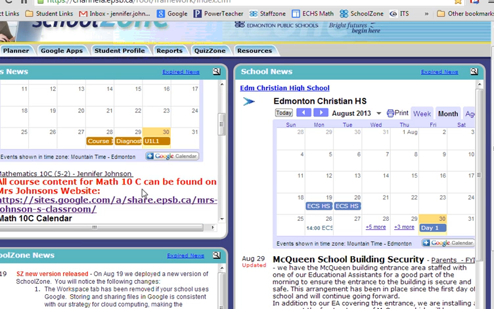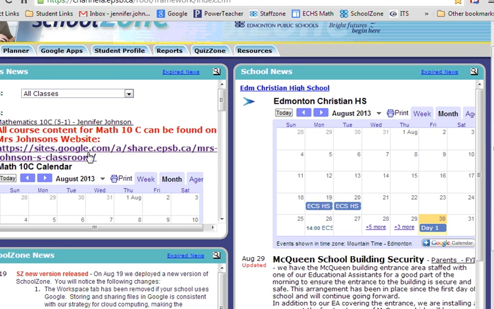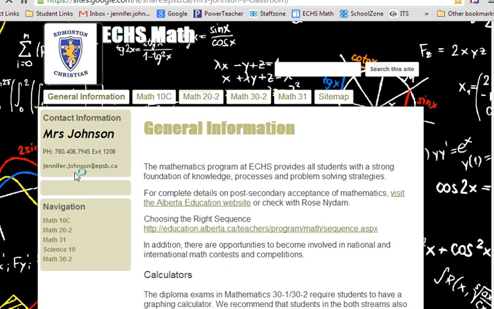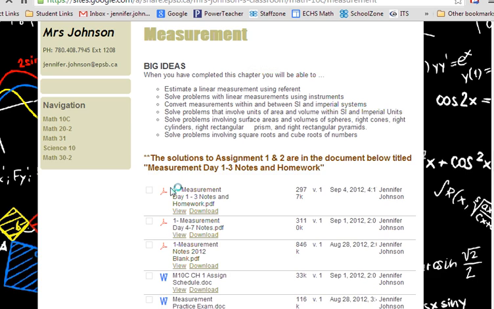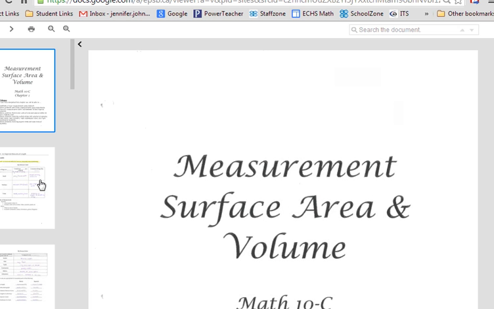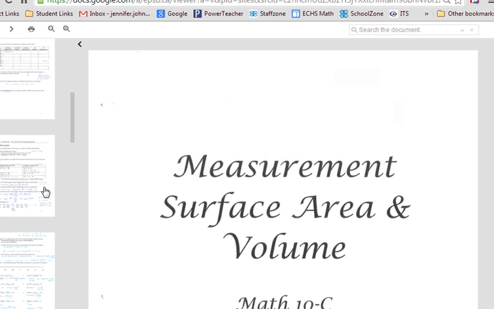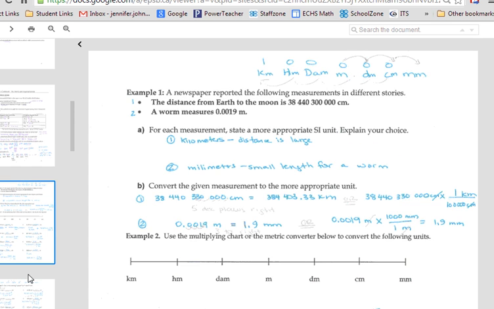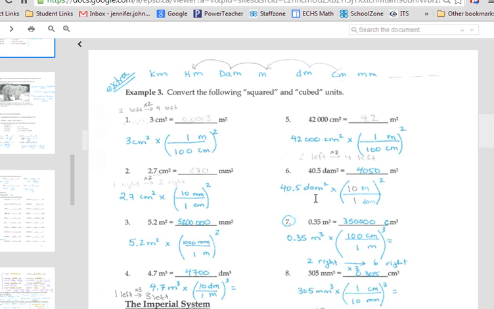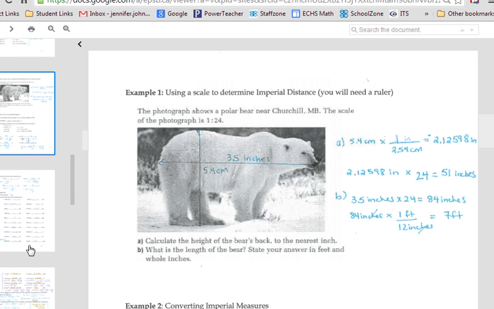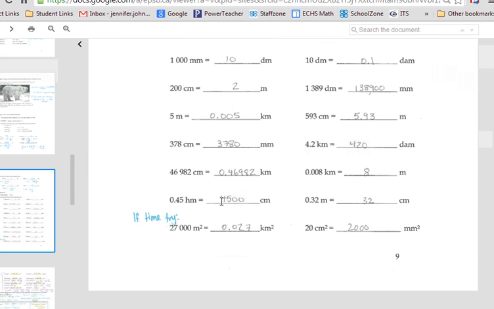So I have the calendar on there, and I have this link. If you click that link, and if you're working on your homework this weekend, in measurement, this very first document, we view it. If you're working through the homework and you're having troubles, the solutions are in there for the assignment. Okay, there's the notes, and some more notes, and then our assignment. Okay, so if you're struggling, the solutions are there.